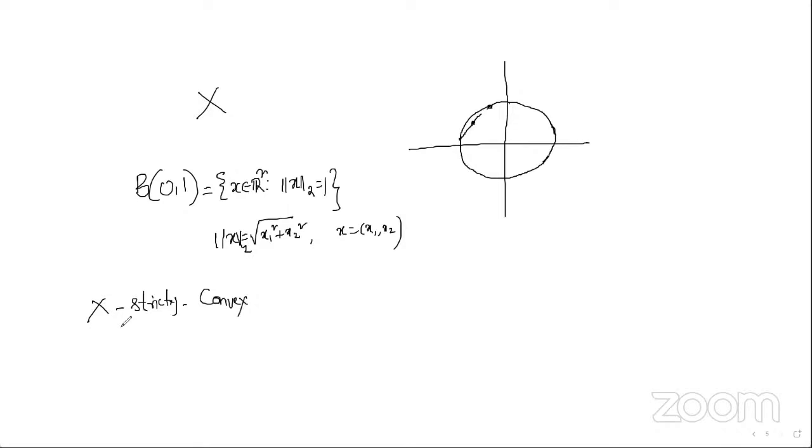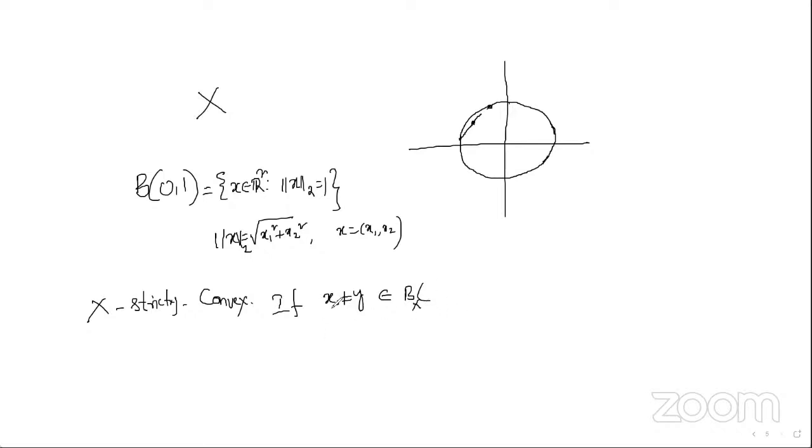We say that a space X is strictly convex if we take any x and y which are not the same in the unit ball. We define the boundary of the unit ball as Bx. Bx is the set of all elements of X whose norm is exactly 1.